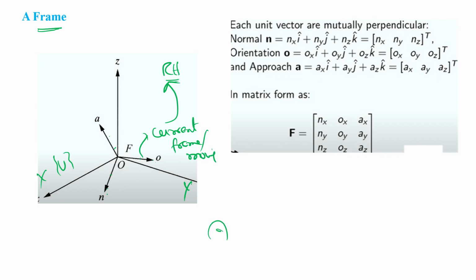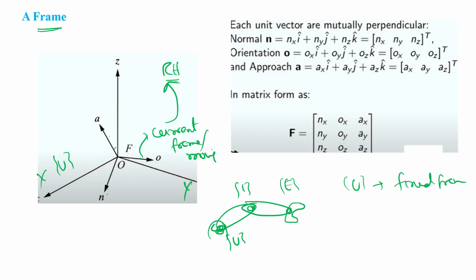Again, let's take this example. Here this frame is the universal frame, this frame is the one frame, and this frame is the end effector frame. So we have different frames. The U frame is the fixed frame, whereas the one frame and end effector frame are the current frames every time.